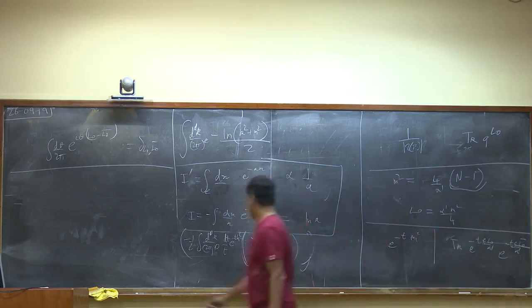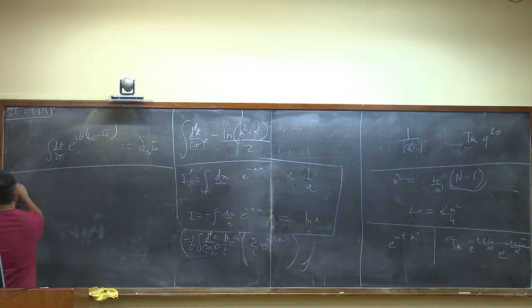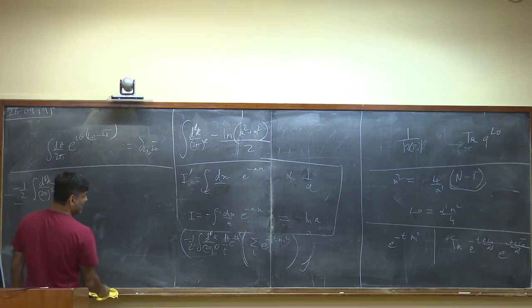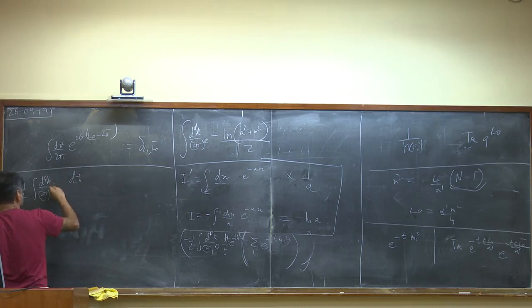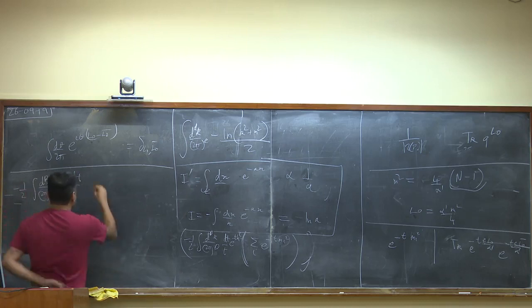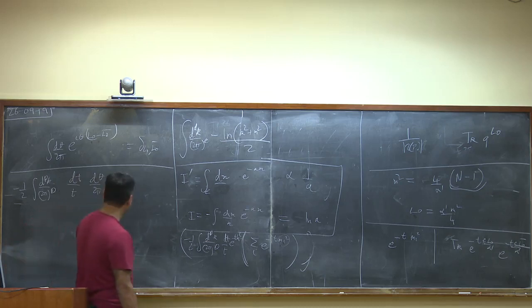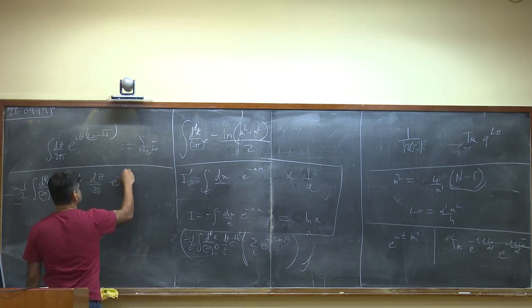So our efficient formula now is minus half dk divided by 2 pi to the power k, then dt divided by t, d theta divided by 2 pi, e to the power minus t k squared.